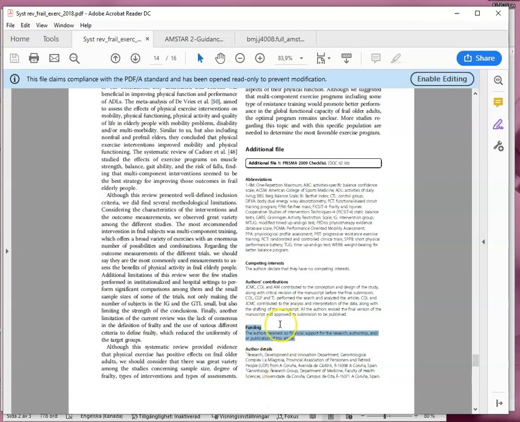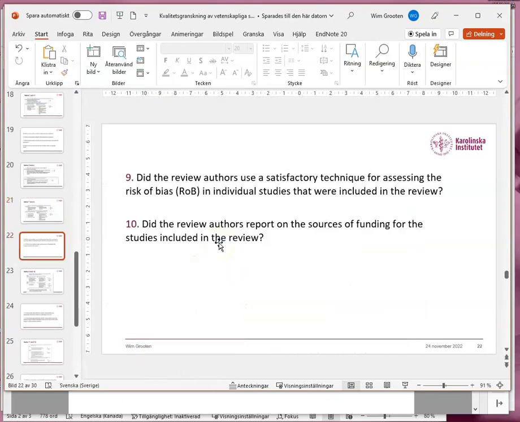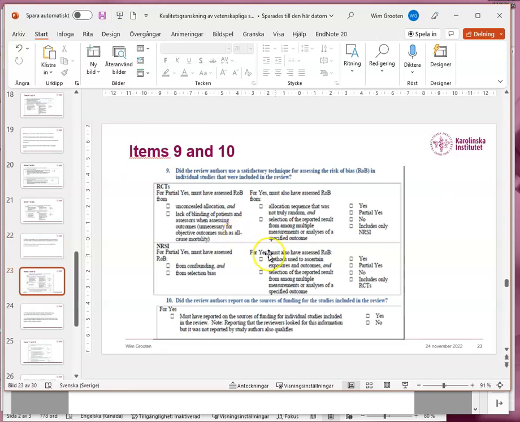But wait a minute, is this about the funding for this paper or about the funding of the included papers? Let's read one more step. Item 10, we are here. Report of the sources of funding for the studies included.